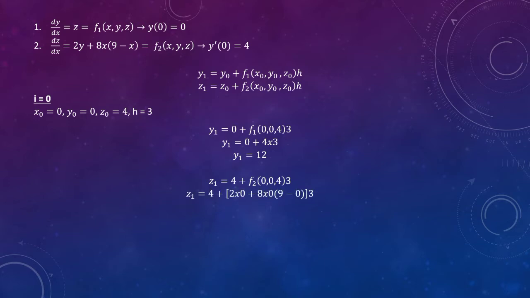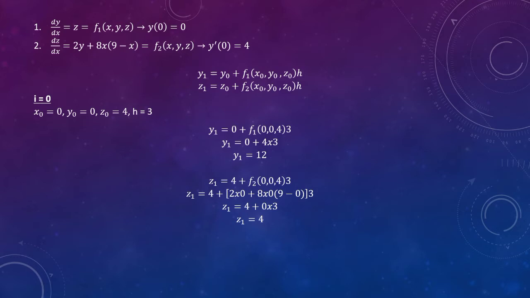We will have 2 times y, and y is 0, so 2 times 0, plus 8 times x, or 8 times 0 because x is 0, multiplied by 9 minus 0, and that will only give us a value of 0. So z sub 1 is equal to 4 plus the value of the second function, which is just 0, multiplied by 3, and that will give us a value of 4.